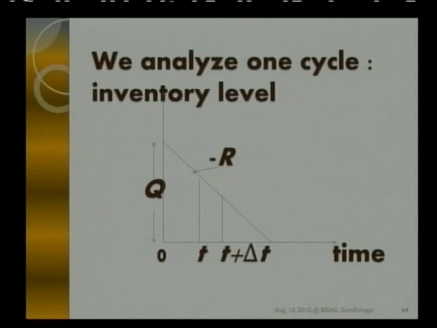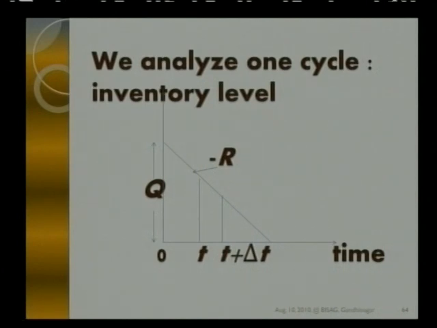It can be 1 day, it can be 1 hour, it can be 1 month, but negligible compared to capital T. So at time t, you will have number of units with you to be Q of t, and at time t plus delta t, you will have number of units to be Q of t plus delta t. So the change in number of units is the difference of these two, Q of t plus delta t minus Q of t, and this difference has come between time t plus delta t minus t, so delta t.